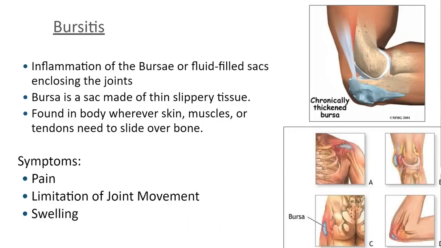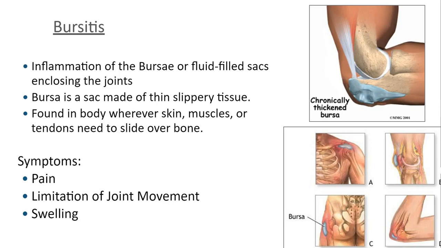Okay, bursitis is the inflammation of the bursae, or the fluid-filled sacs that enclose or surround the joints. The process of bursitis generally involves the formation of calcification in those associated tendons, and that calcification causes pain and limited joint movement.